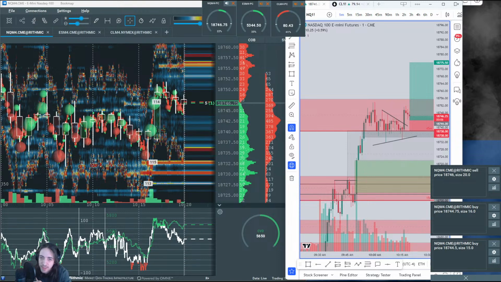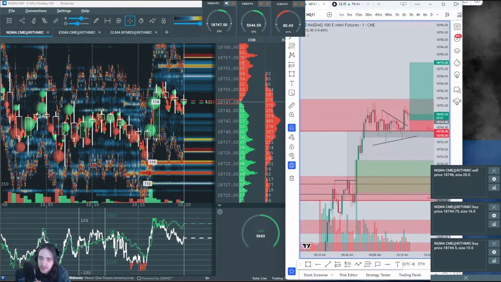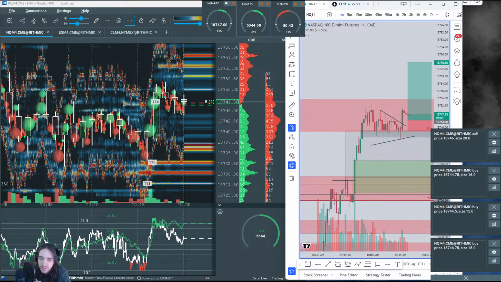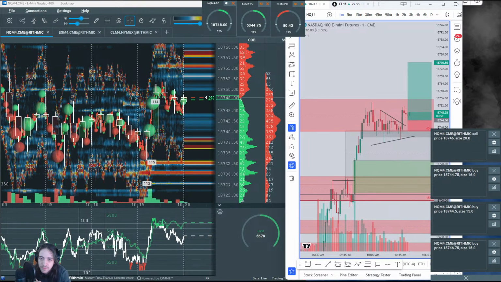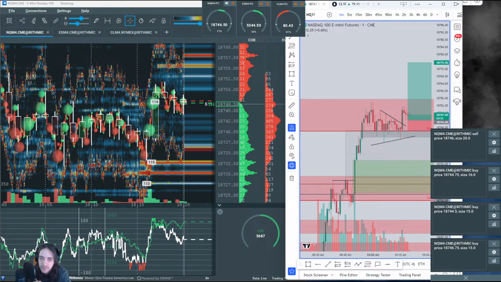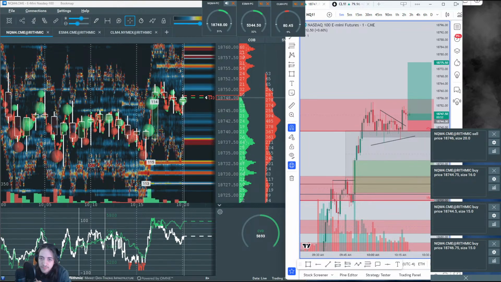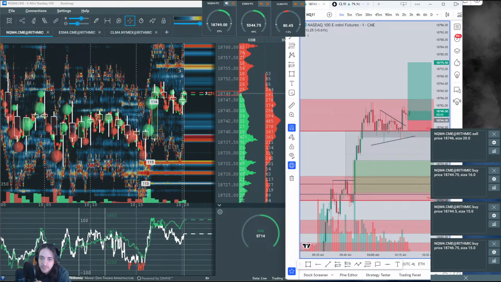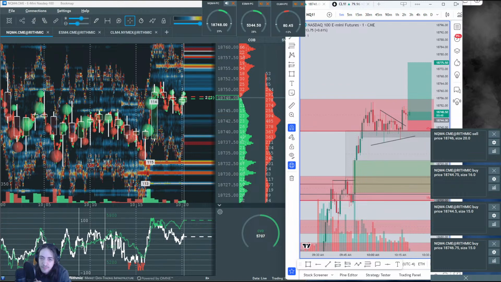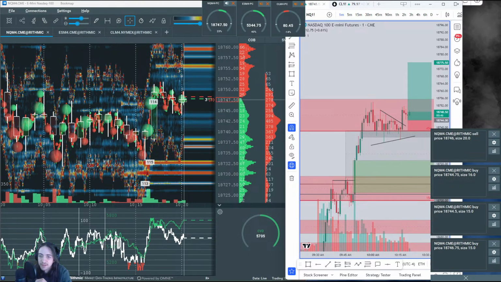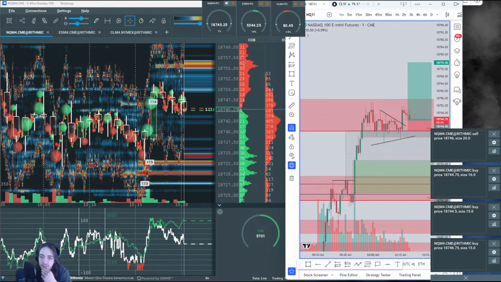So I want to be a bit patient, but I don't want to be too patient that I miss an entry. If I take anything, it's a scalp. It's a tight stop loss, but look at this.